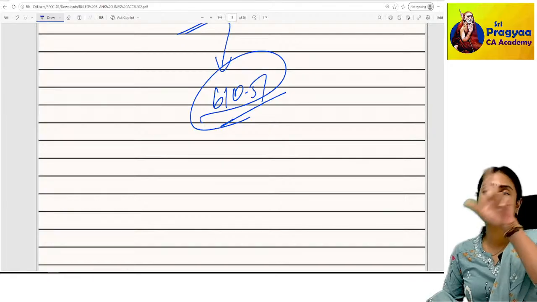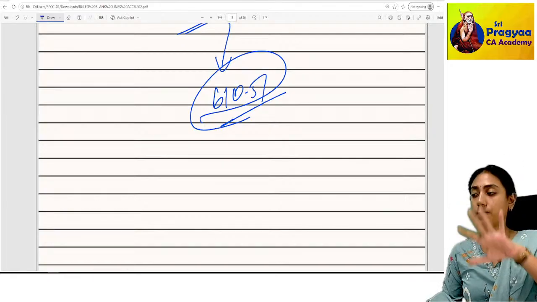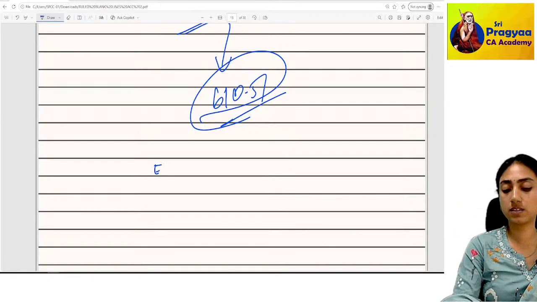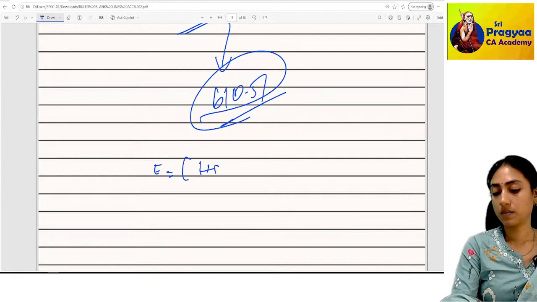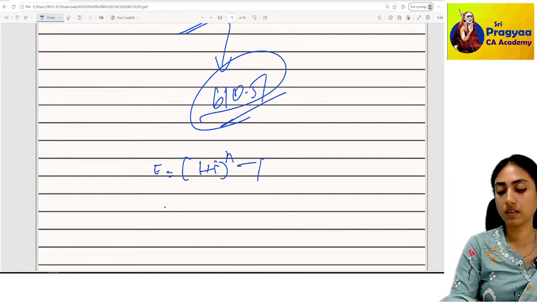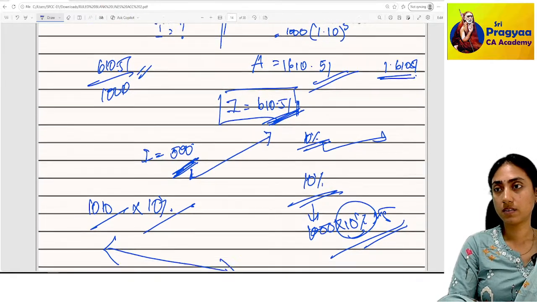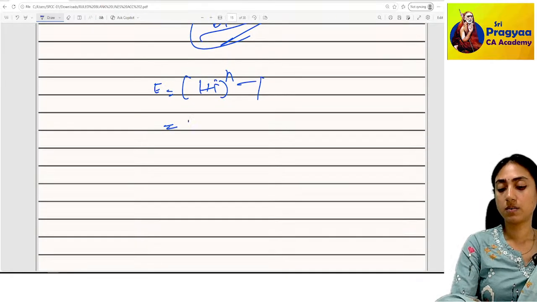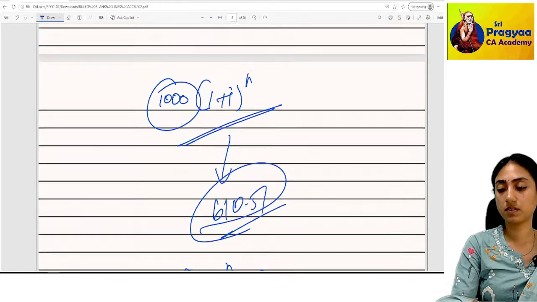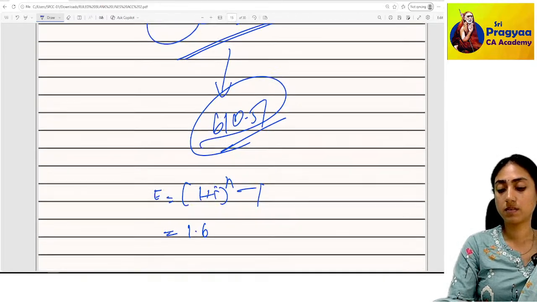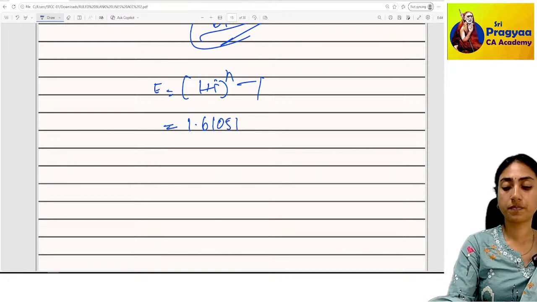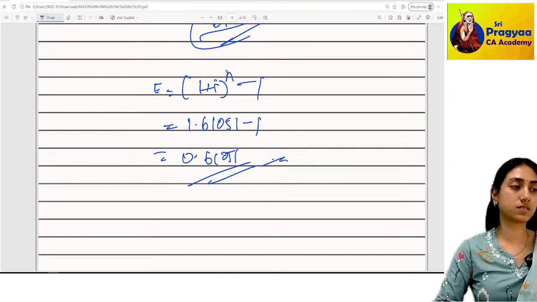When we talk about the rate, we explain it in percentage. So it will be nothing but 1.1610 minus 1, so this is my effective rate of interest.